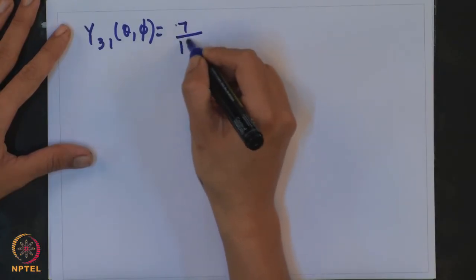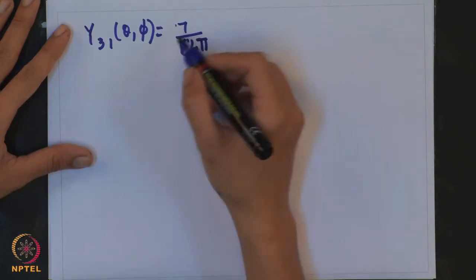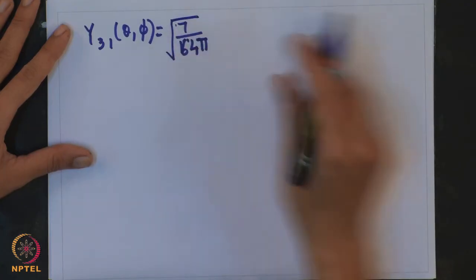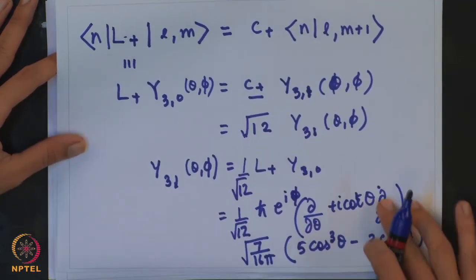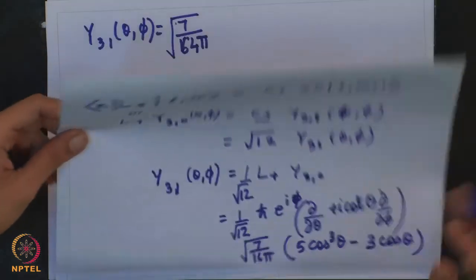So Y 3 1 theta phi would be square root of 7 by 64 pi, because here we had 16 and then square root of 12, 7 upon 16 pi.